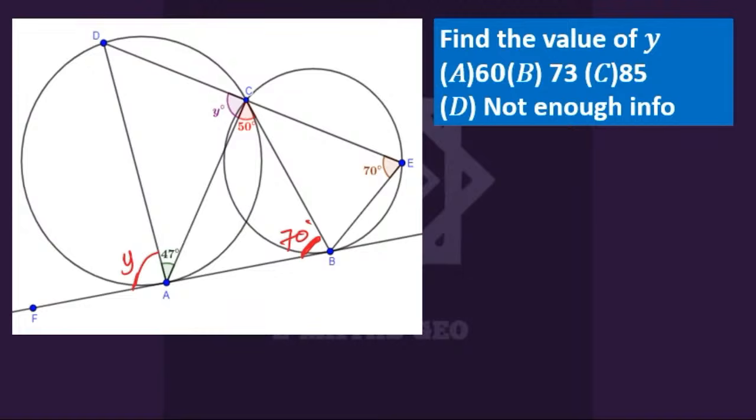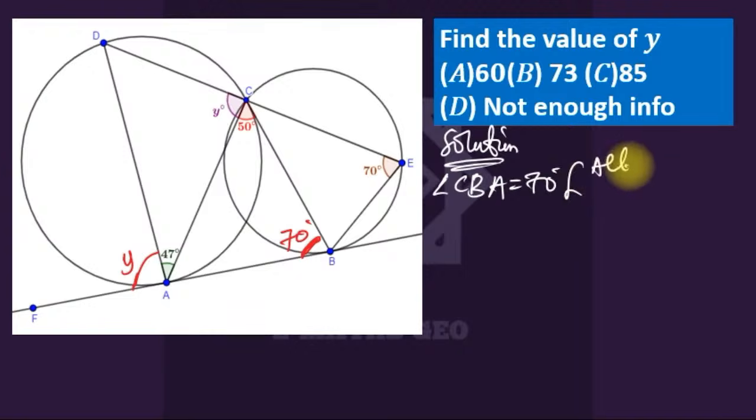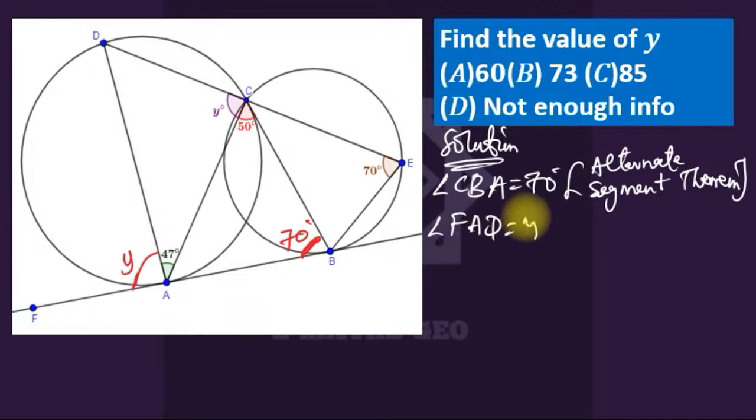So the answer is now simple. The answer is 73. But let's solve formally. Angle CBA is 70, by alternate segment theorem, so angle FAD is y, the same alternate segment theorem.